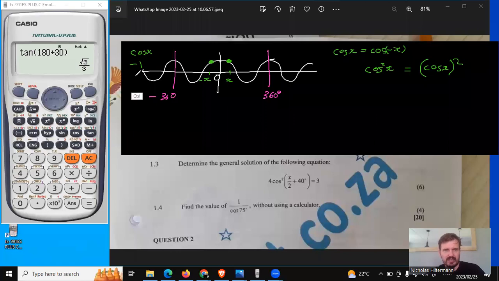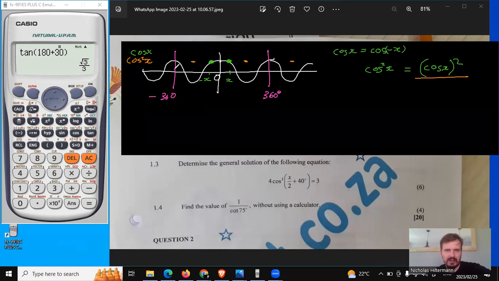So our cos x graph looks like this, but then let's draw the cos squared x graph. So any of these values just get squared. So what happens when I have the -1? -1 times -1, I end up getting 1. And so these -1 values all become 1.